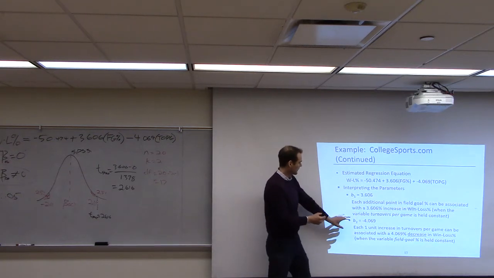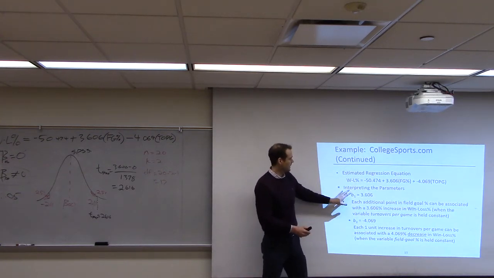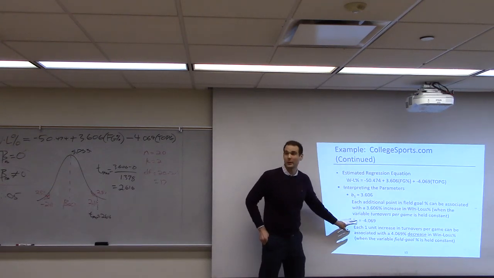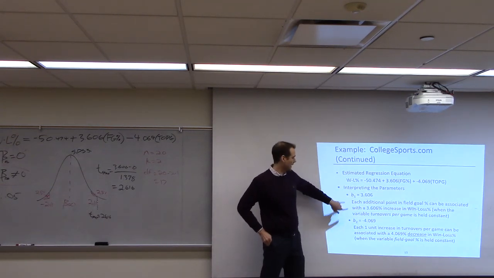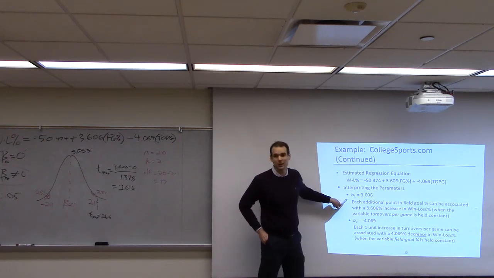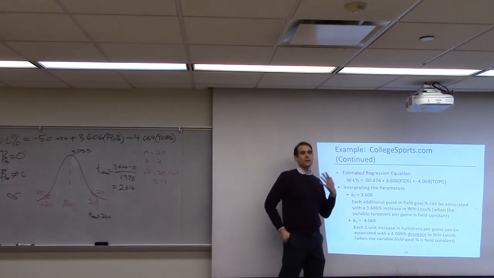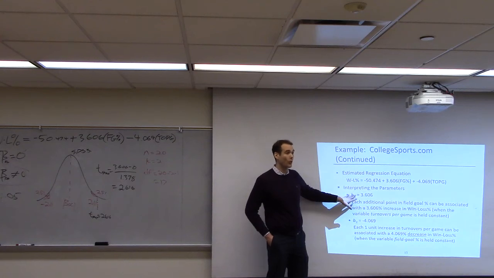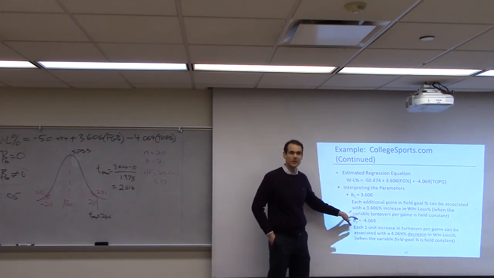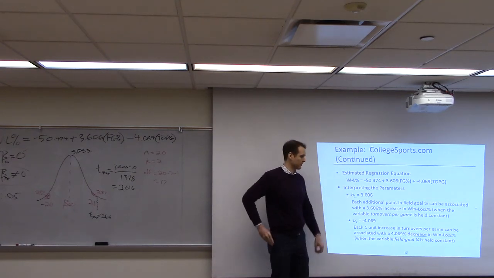Because we have both of them in the same regression equation, we are controlling for one when we look at the other. So we're saying, if we hold turnovers per game constant, then each increase in field goal percentage would result in this much of an increase in win-loss percentage. So we might have avoided assigning too much merit to any of these independent variables by looking at them both together.